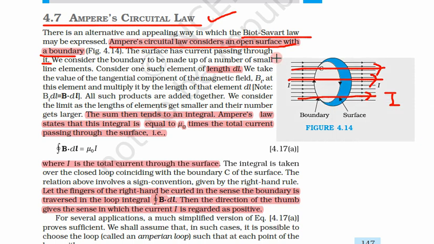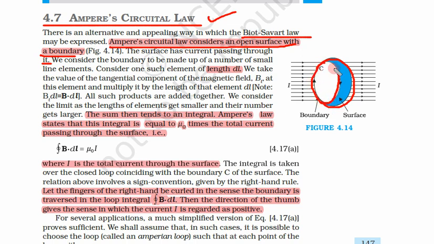Now what is this surface? This surface is like a pot. If you see the pot, this is the surface and it has an open hole in that pot.